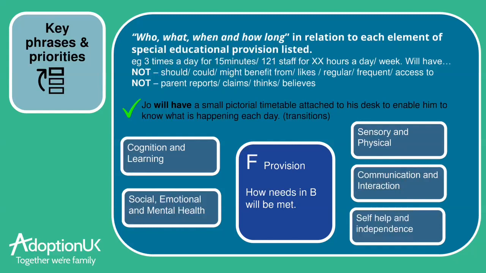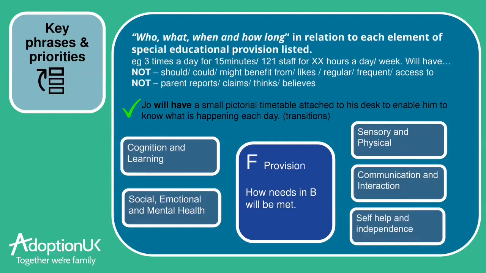as I explained earlier. What you don't want your EHC to be saying is your child should have, could have, might have, likes, regular, frequent, or access to. They're very, very woolly statements, and a school does not have to deliver to the level that you may feel your child needs. I mean, regular.